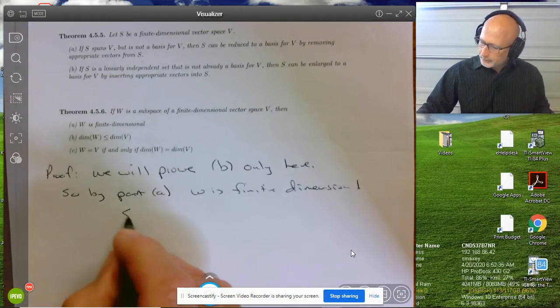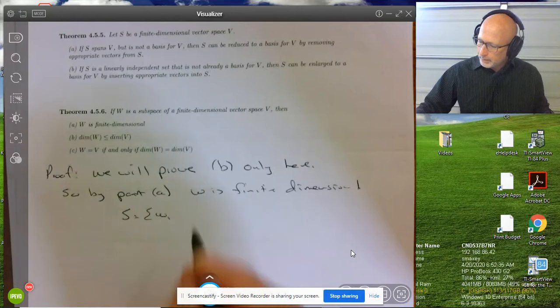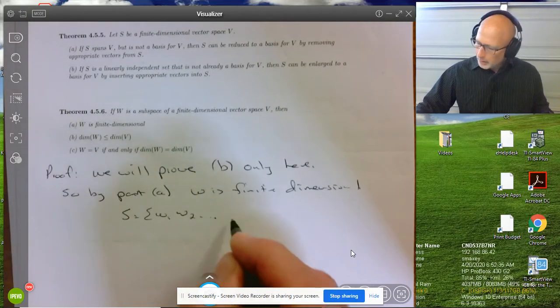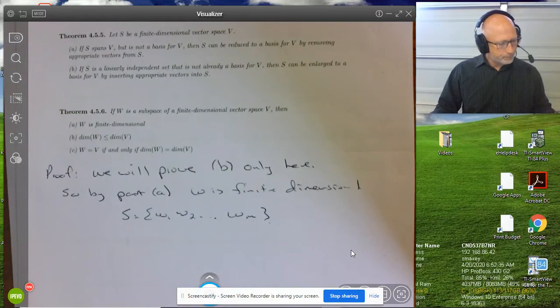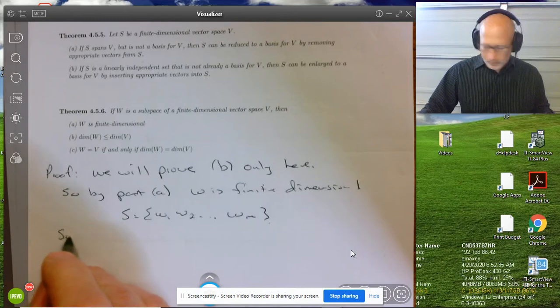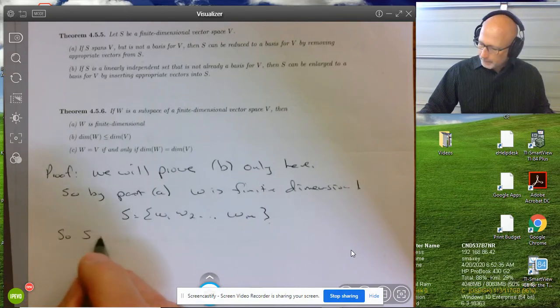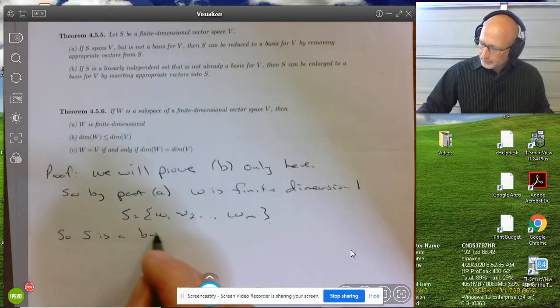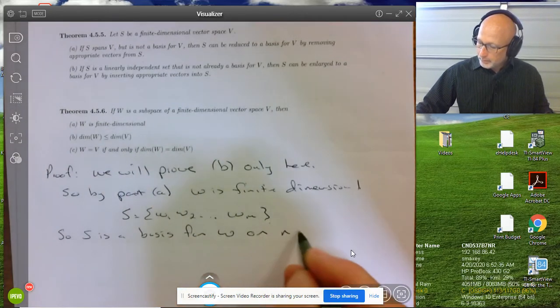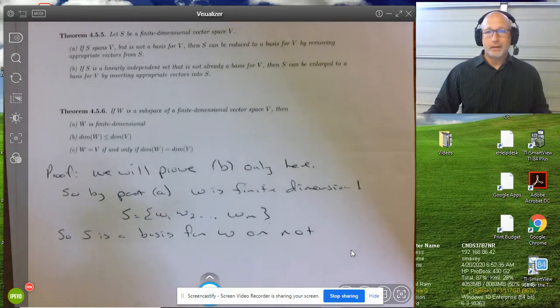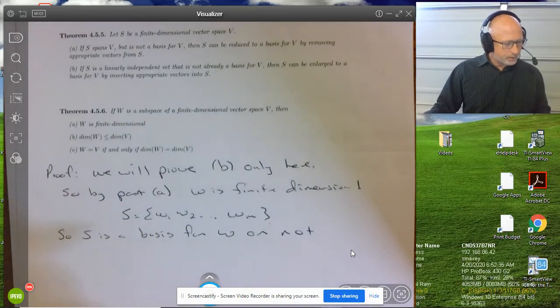And so we write S equal to the set w1, w2, all the way up to wm. So S is a basis for W or not. One or the other.